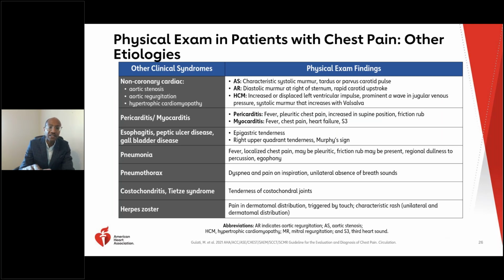And then it's healthy that as we evaluate these patients with chest pain, we have a really broad differential diagnosis, ranging from structural heart disease, to include valvular heart disease that may be picked up from auscultation, systolic murmurs, diastolic murmurs, hypertrophic cardiomyopathy, a structural problem that may present with systolic murmurs that change with Valsalva maneuvers, pericarditis, myocarditis, particularly in the setting of febrile illnesses, and friction rubs, particularly for patients with pericarditis and a significant effusion.